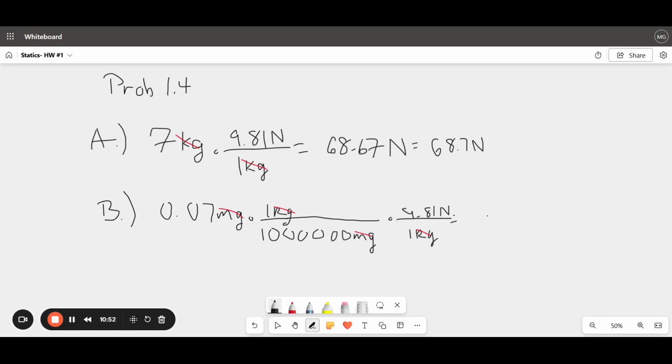And that's going to give you 6.87 times 10 to the negative 7 newtons. So when you put this in a calculator, you're going to notice it's this really small decimal. Make sure to take that and put that into scientific notation, and then make sure to put your units when you're entering it into Pearson Plus. That's going to help make sure that your answer is counted as correct.